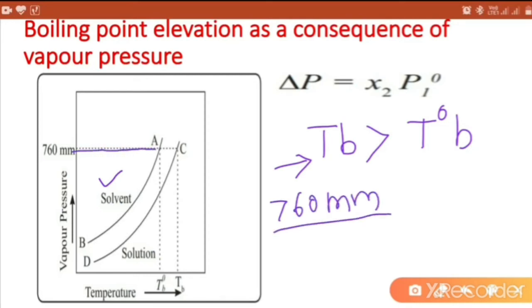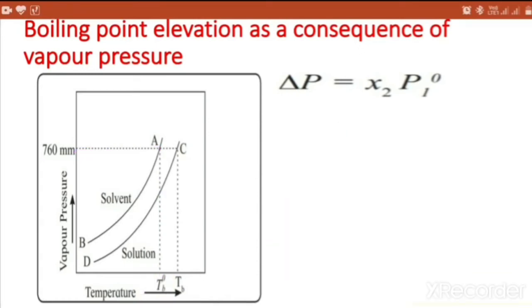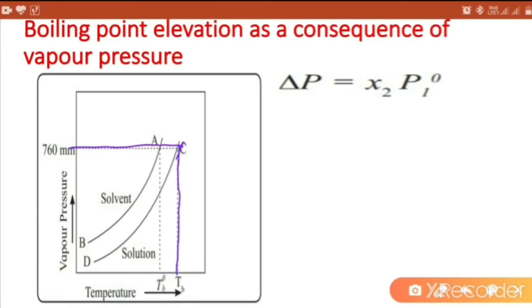So this 760 for curve AB intersects the temperature axis at TB0, and for curve CD this pressure intersects at point C and the temperature is TB, which is greater than the boiling point of solvent.